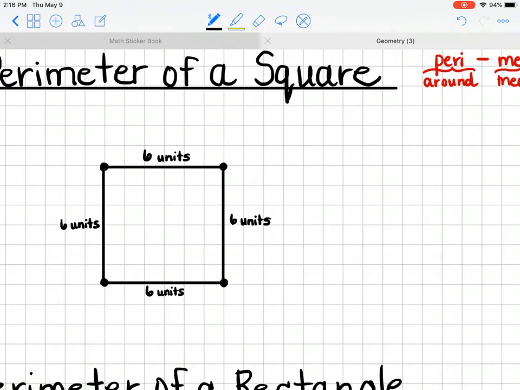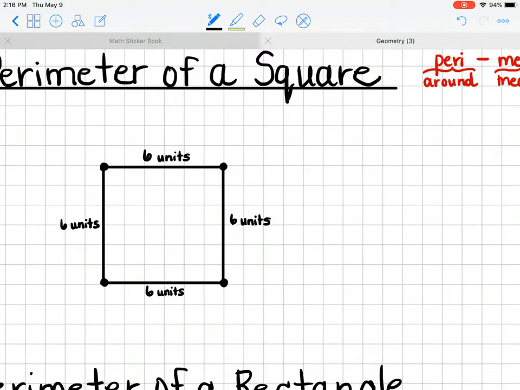You're walking a perimeter. So if we walked this perimeter, it would take 6 plus 6 plus 6 plus 6. That is one trip around the perimeter. So the perimeter of this square is 24 units.